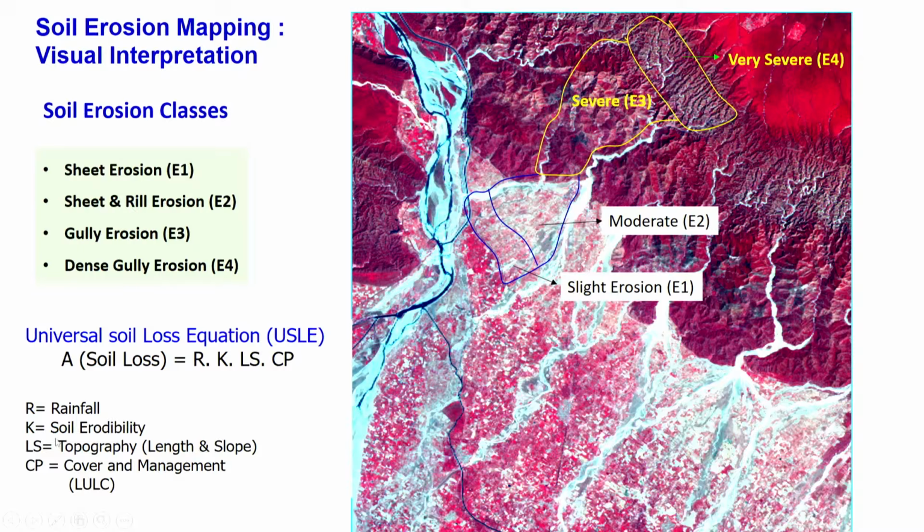So these 5 factors govern the erosion in your area, and we can interpret these factors directly in remote sensing data, and map the erosion classes by visual interpretation methods itself.